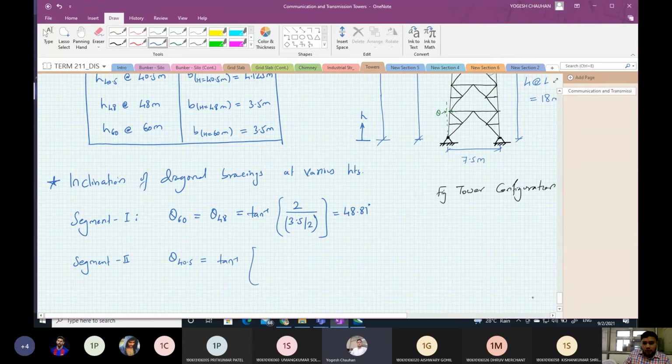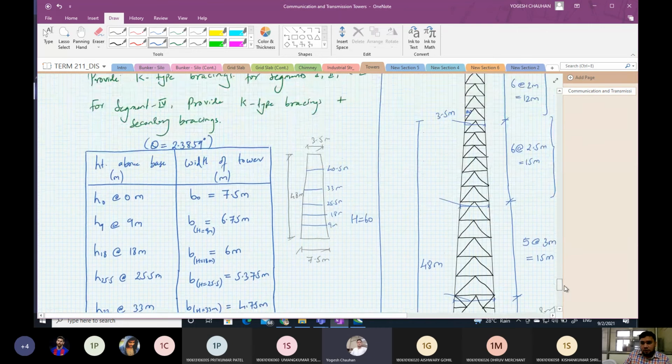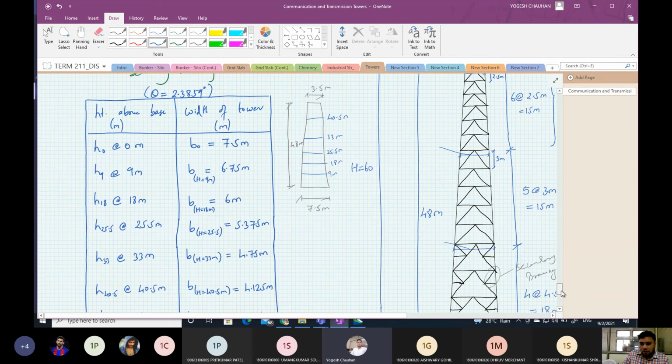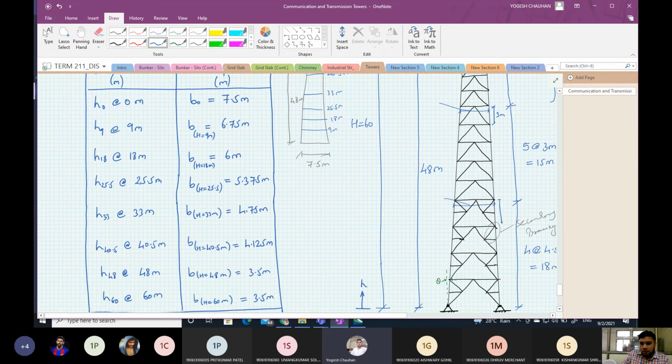Here the height of the panels is 2.5 meter. I am writing only one value here. Then for the third set it is 3 meter, and for the fourth segment it is 4.5 meter.